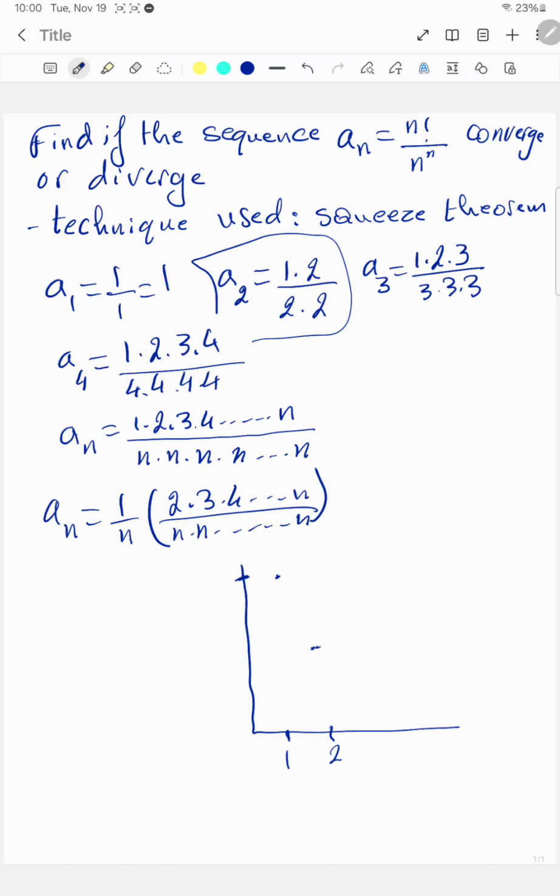And when n equal to 3, I will have 2 divided by 9. It's less than 1/2, somewhere here. For n equal to 3 is here, and when n equal to 4 is here, and I see that it's approaching 0. So it's approaching 0, but it will never be 0.